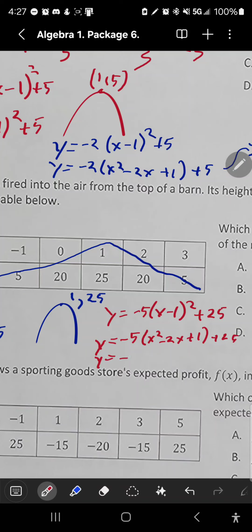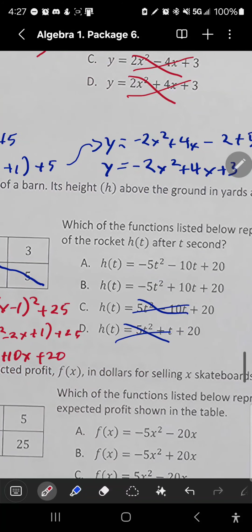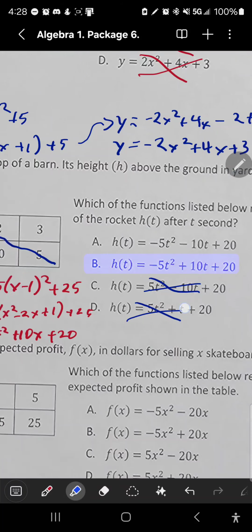It will be negative 5x squared plus 10x minus 5 plus 25, and minus 5 plus 25 is just 20. So that's our equation, which is choice B.